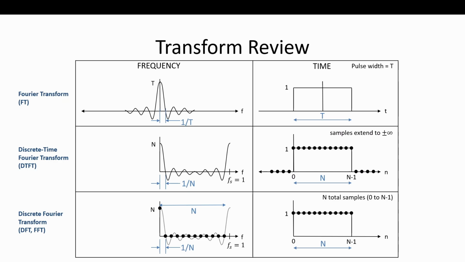Now, the discrete time Fourier transform. Don't get confused with the FFT and the DFT. This is the discrete time Fourier transform. It is sampling what we started with in time, all the way to infinity. So there's an infinite number of samples. We'll have N samples where it is 1, but the samples keep going.